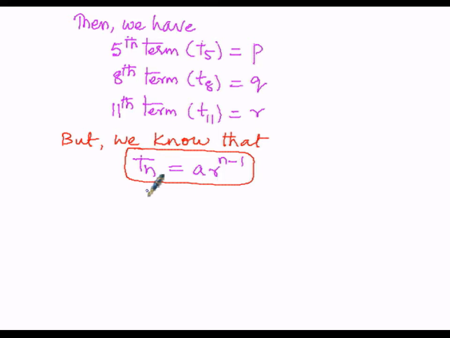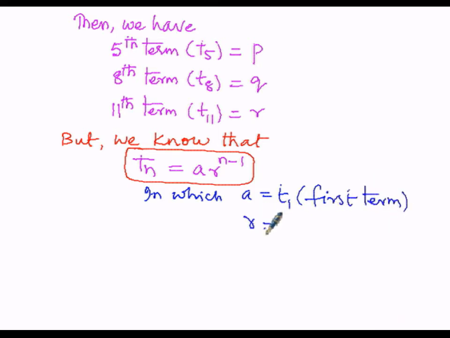So here a is equal to T1, which is nothing but the first term, and r is the common ratio. The first condition is T5 equals P, the second is T8 equals Q, and the third condition is T11 equals R.